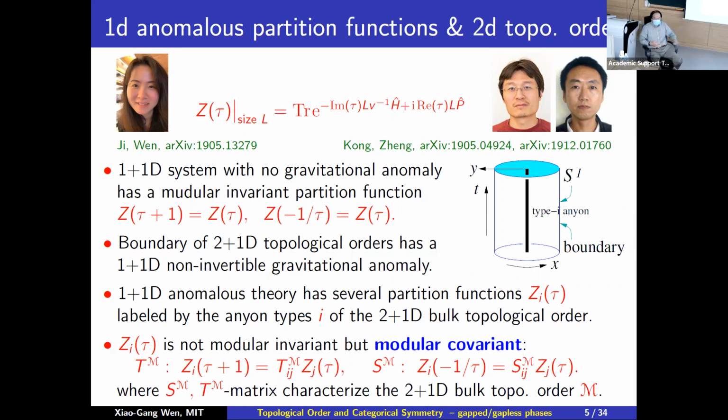This may be another key point: the bulk topological order and the anomalous boundary partition function have this very direct relation through modular transformation. In 1+1 dimensions, this may be the program, and that is the main idea. Just using this, we can derive the boundary theory from the bulk.